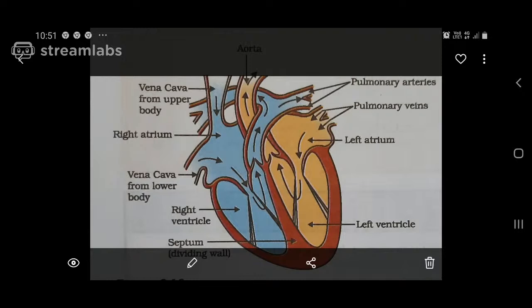From the vena cava, impure blood is collected and passed into the right auricle and then the right ventricle.